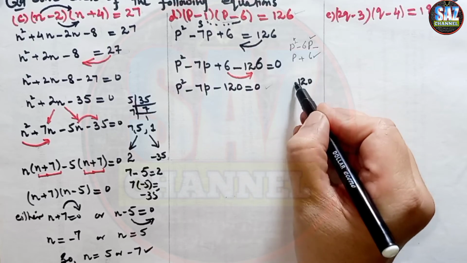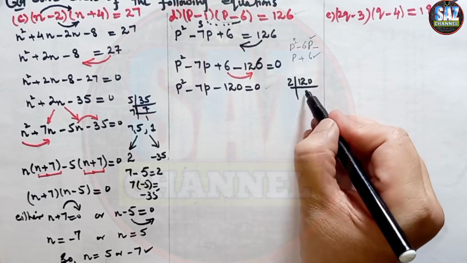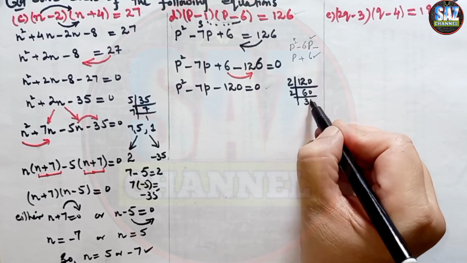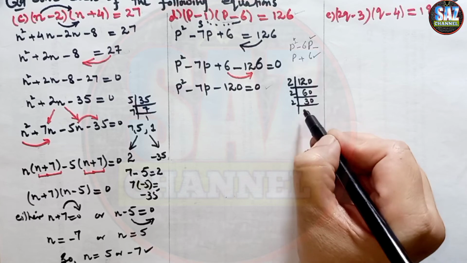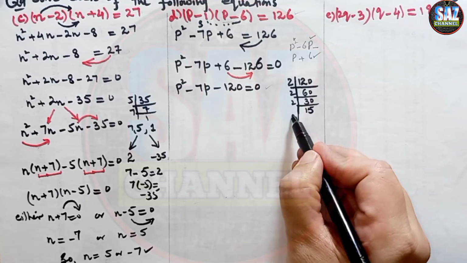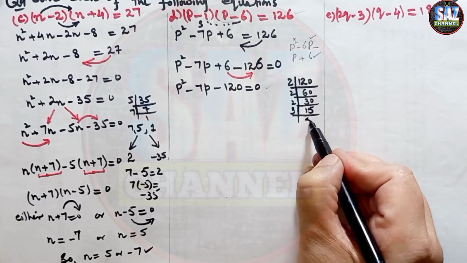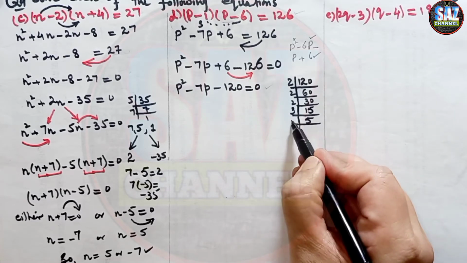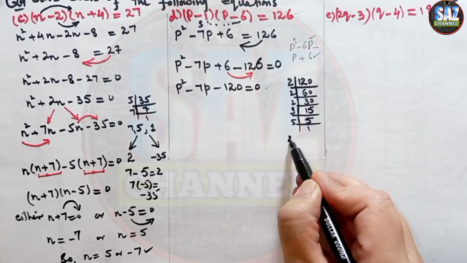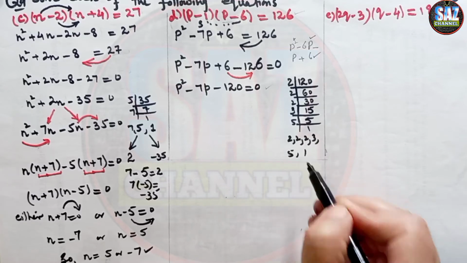And then what we have to do, recall quickly, make the prime factors: 2 60 times, and then 2 30 times, 2 15 times. Okay, now I cannot divide it by 2. Recall the tests of divisibility as well from D1. 3 5s are 15 and 5 1s are 5, and the factors that I'm getting are 2, 2, 2, 3, 5 and 1.